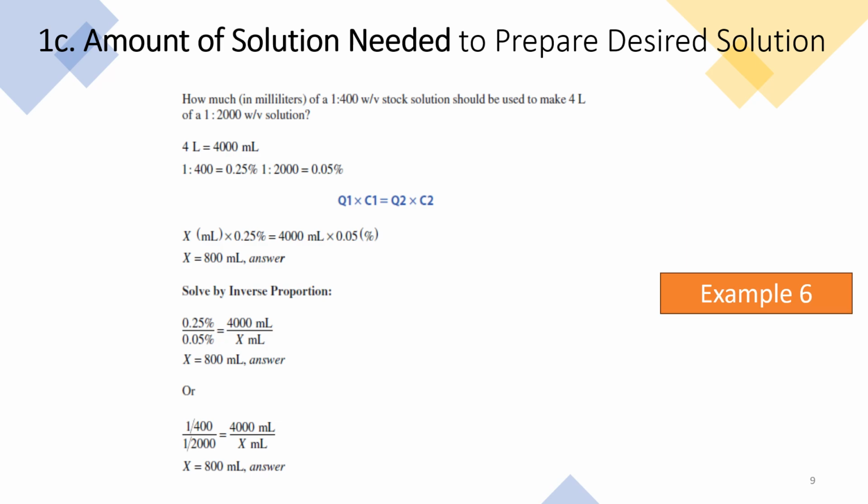So you need to first convert all the ratio forms into percentage concentration form, and then by placing the Q2 and C2 with the concentration strength in C1, you get the answer X, or Q1, the quantity of solution needed to prepare 0.05% of the 4 liter, equal to 800 ml.